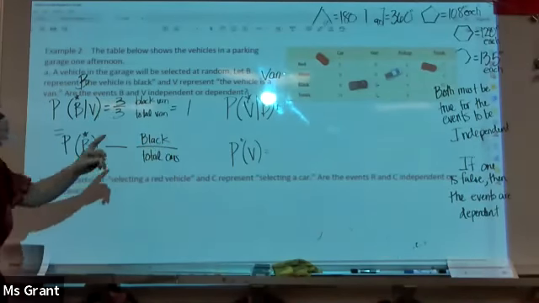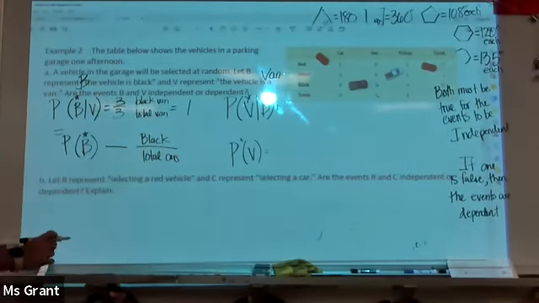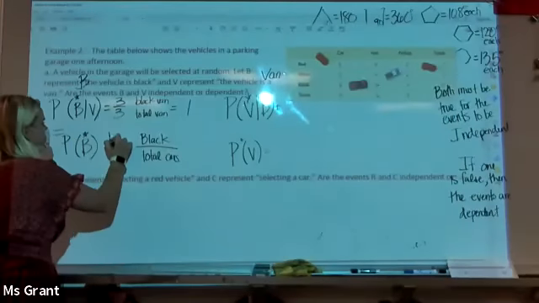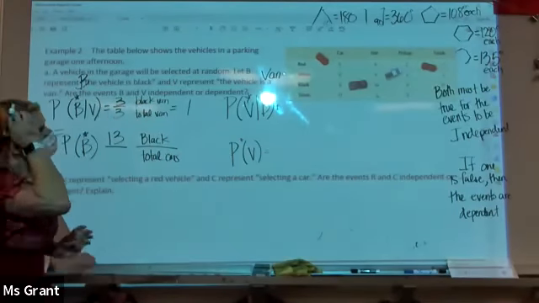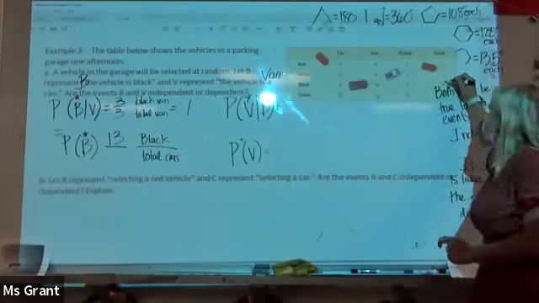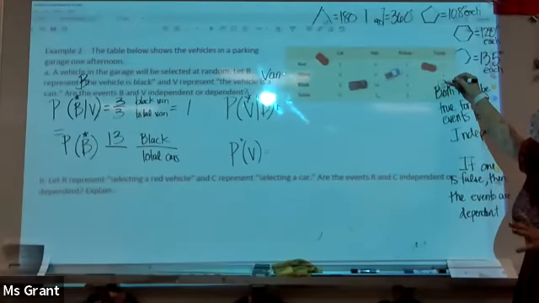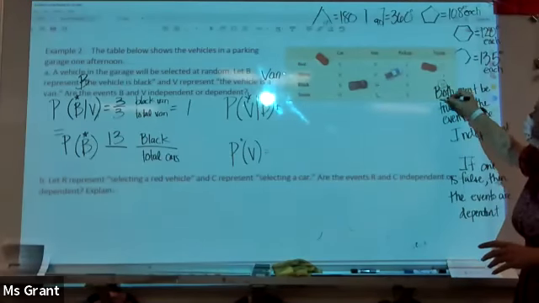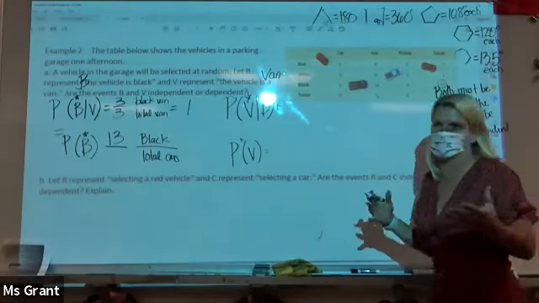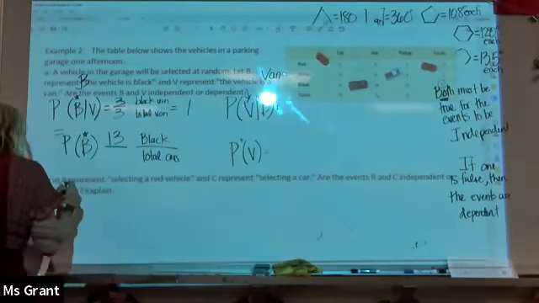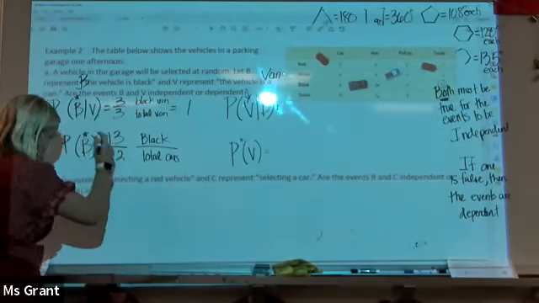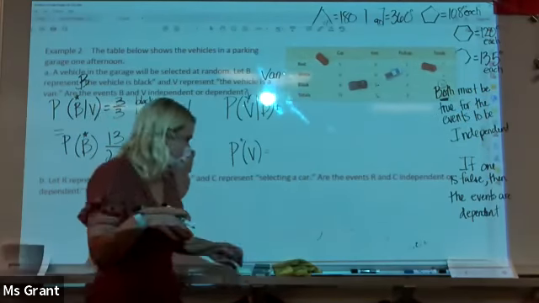Well, black cars consist of 13, right? 13 of them. Here it is on your chart. 13 of them are black, the cars. Out of total, like everything in the parking garage, 22. Are these the same?